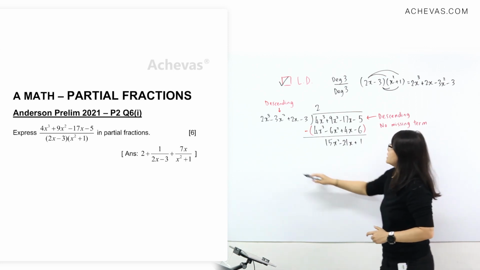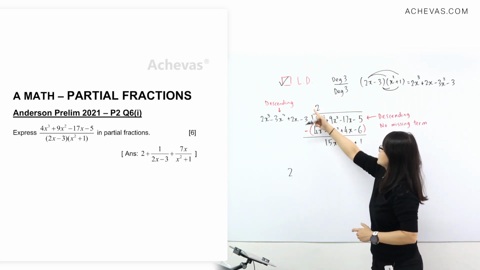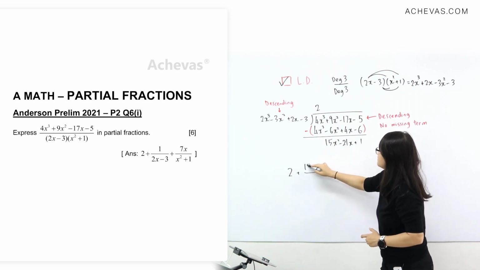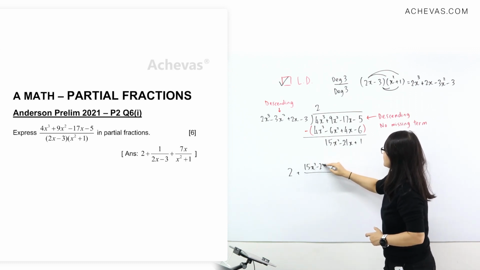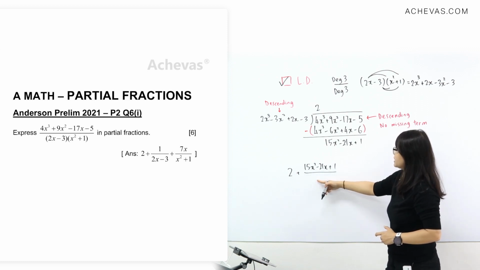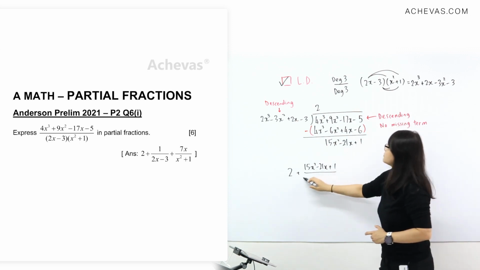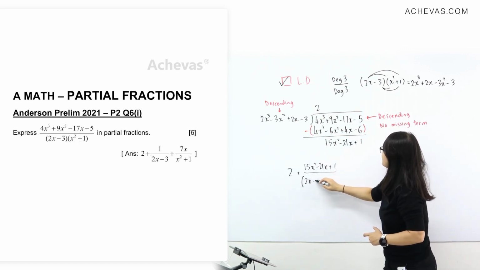Okay, so I'm going to rewrite the fraction: the quotient I write down here, and we have the remainder at the numerator. For the denominator, remember this one is also equivalent to this one, that's in factorized form. I will write it in factorized form over here.